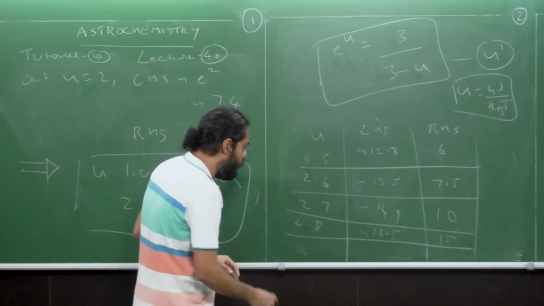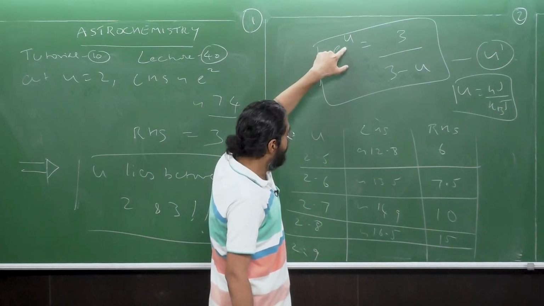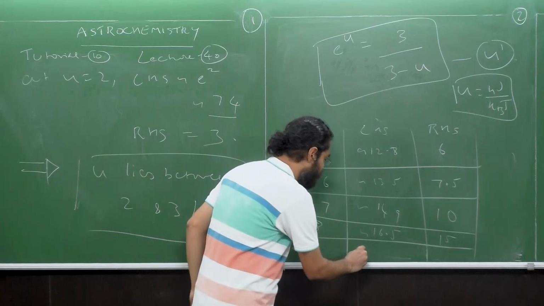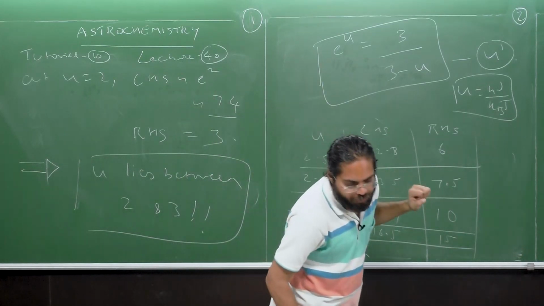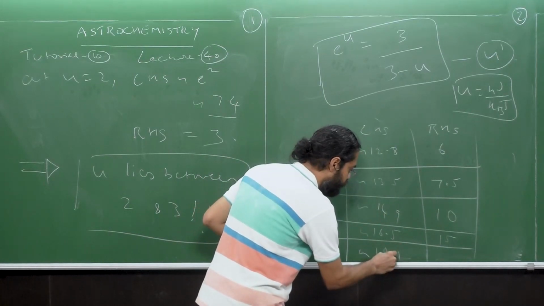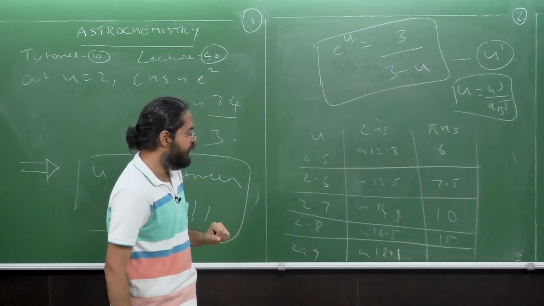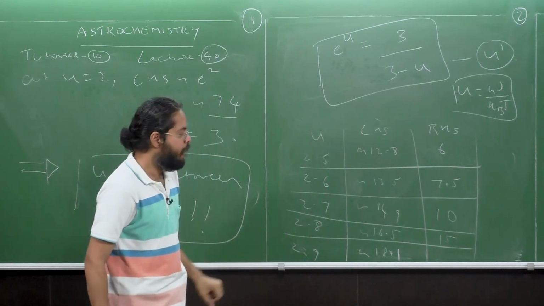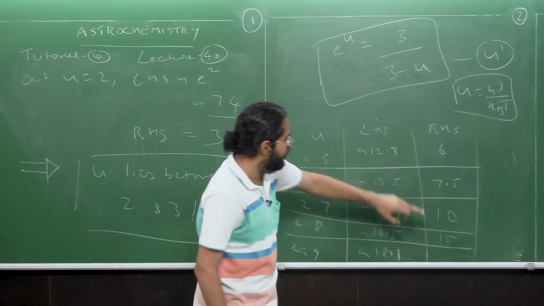Well, let's put 2.9. E to the power u, roughly e to the power 2.9, is I think around 18.1. Okay, right? And what about over here, this fellow?